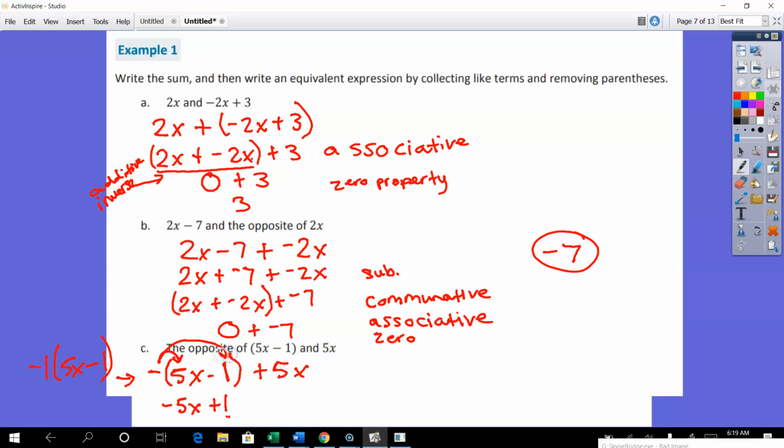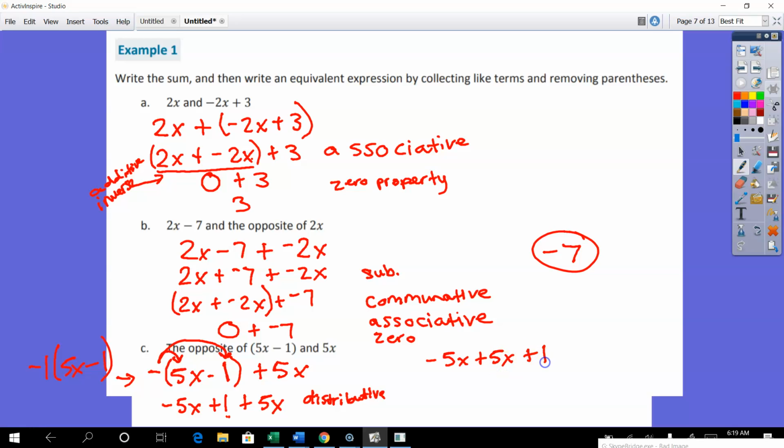Okay. And then we have plus 5x. Okay, so that was the distributive property that we did. Now what do we need to do? We need to move the 5x next to it.